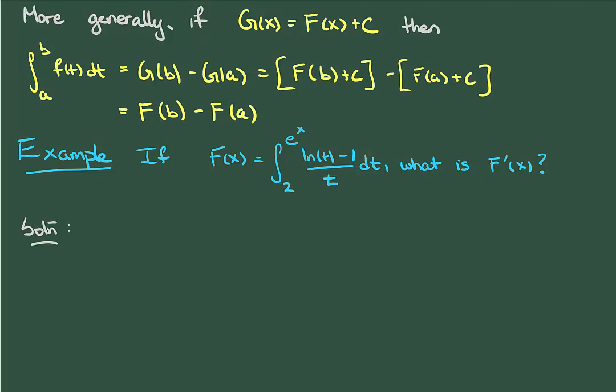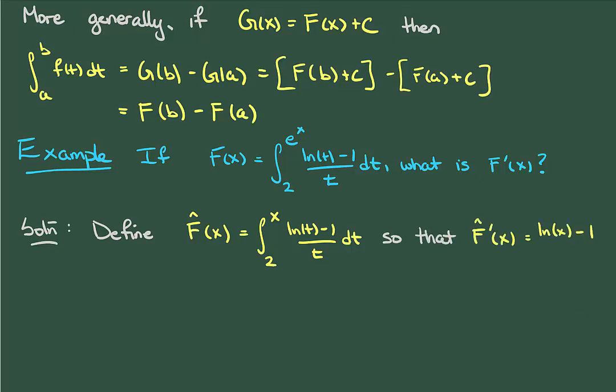Let's define a function F hat of x to be the same as F above, but integrating from 2 to x instead of 2 to e to the x. So the only difference is the upper bound of integration. As I said before, we do know the derivative of F hat. It's just the integrand, (ln x minus 1) divided by x.